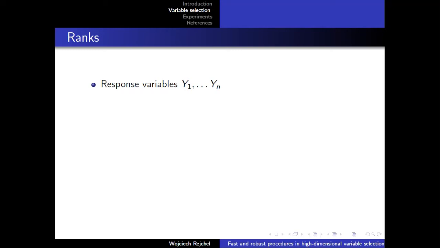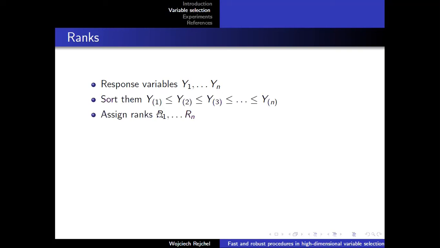And this is our task, to involve ranks in the estimation process. So what we do is we take our response variables, then we sort them. So this is the smallest one, the second smallest, the third smallest, and so on. And then we assign ranks. So this is the rank of the first object, the position of Y1 in this sequence, and so on.